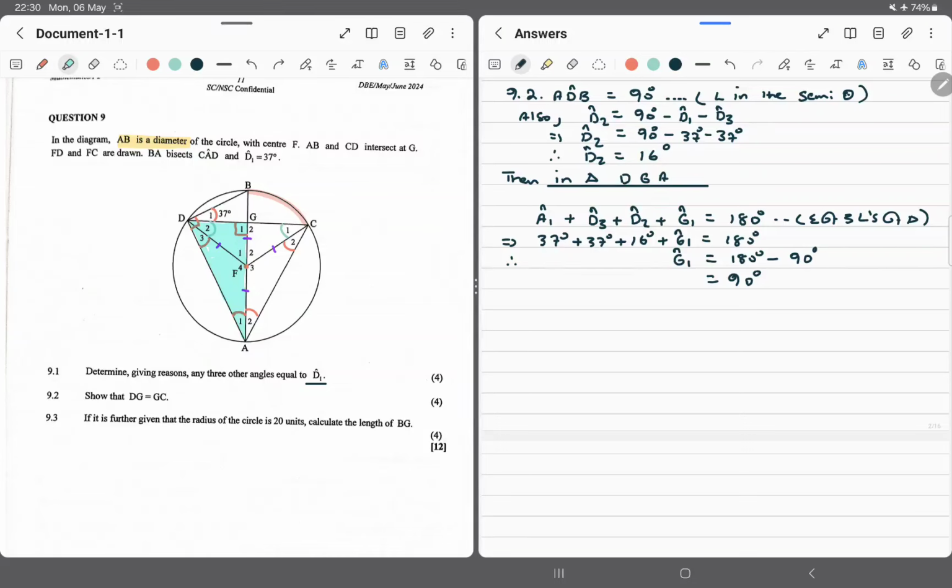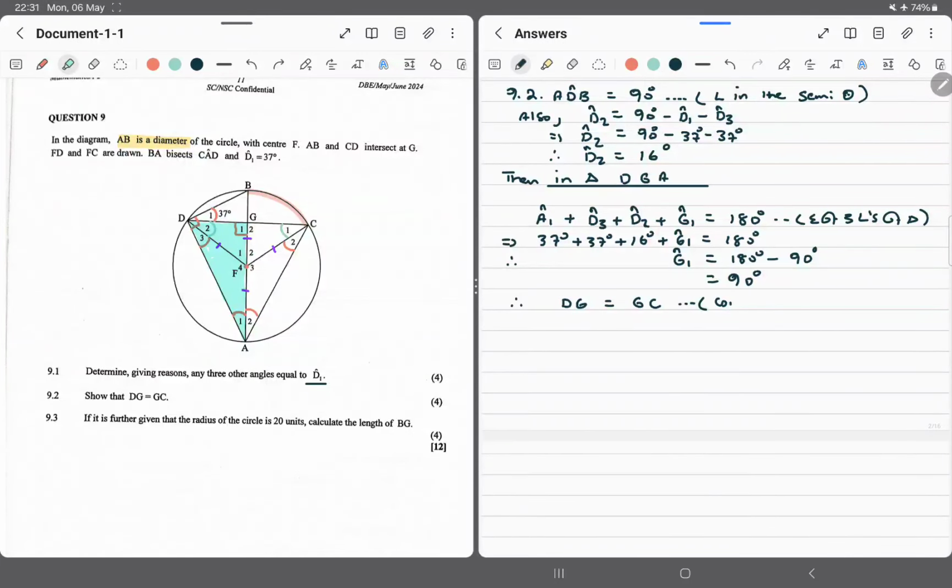Now that we have proven this, we can say here, therefore, we can appreciate that DG must definitely be equal to GC.